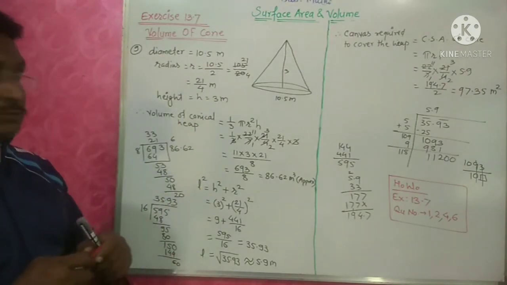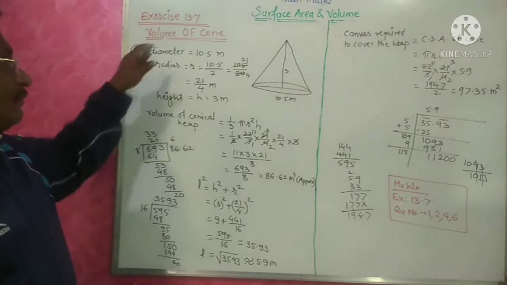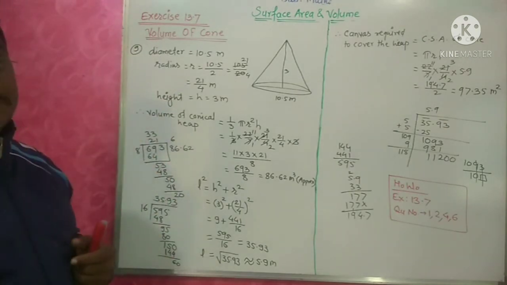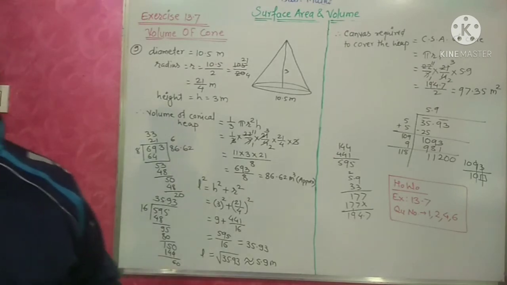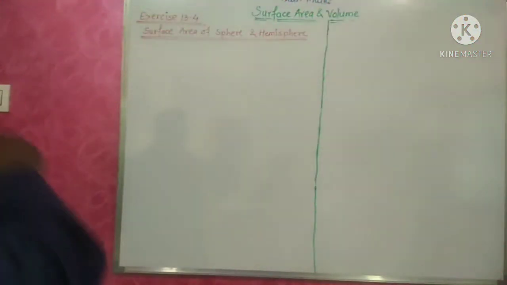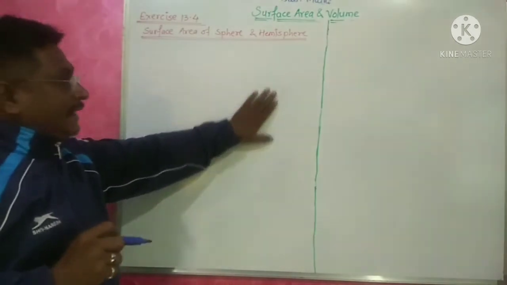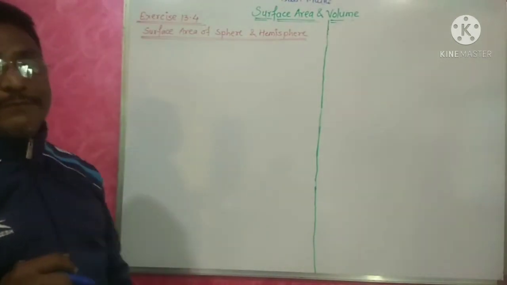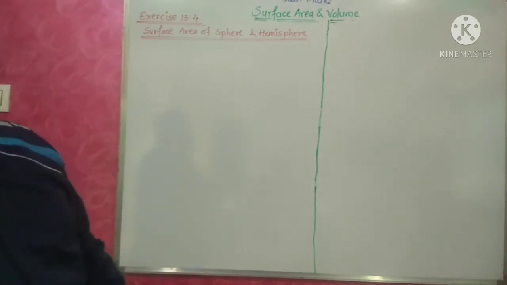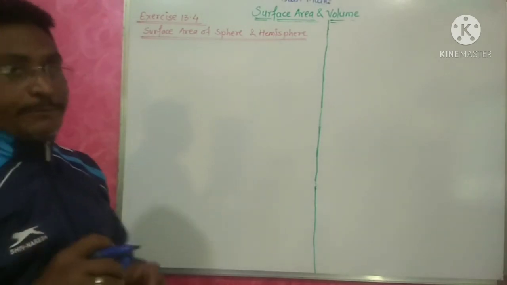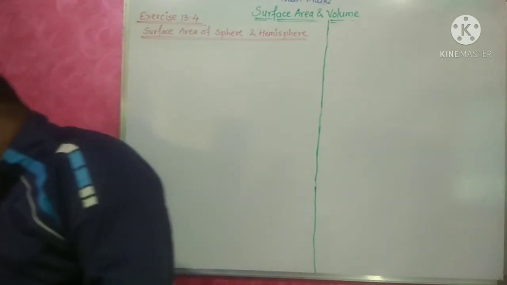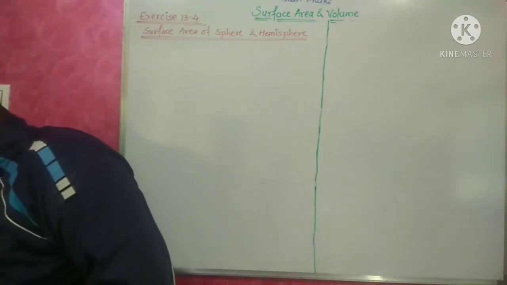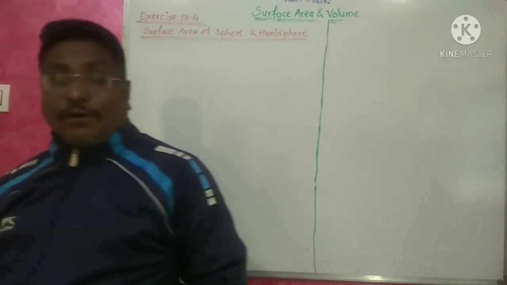So okay students, hope you understand how to find the volume of cone. Now we will go on to surface area of sphere and hemisphere, based on exercise 13.4. From this exercise, question number 1 and question number 2 are the homework.